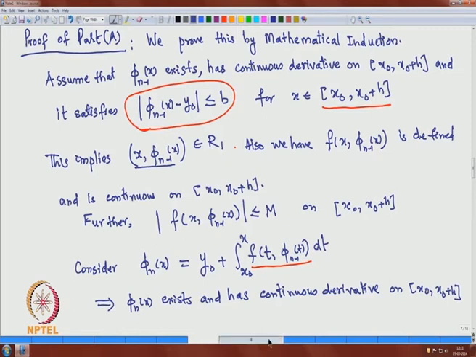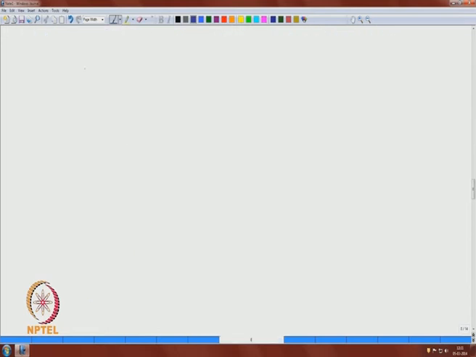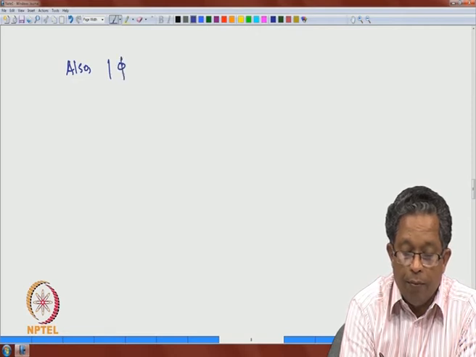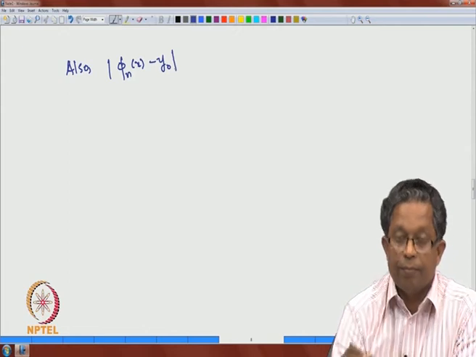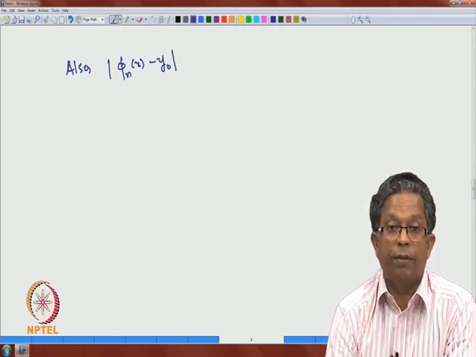Now, also consider the estimate of the absolute value of phi n x minus y0.